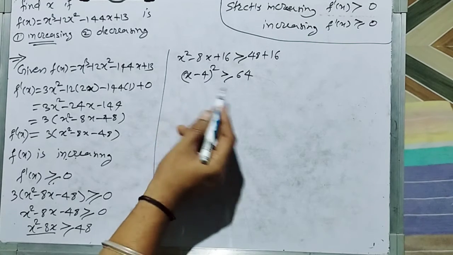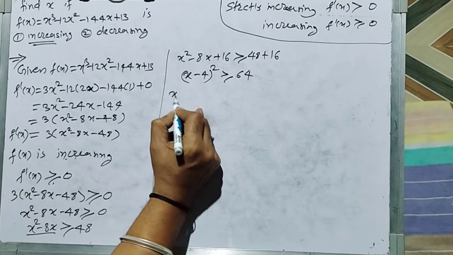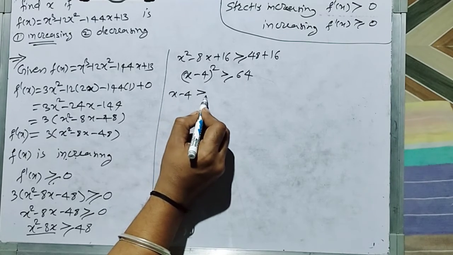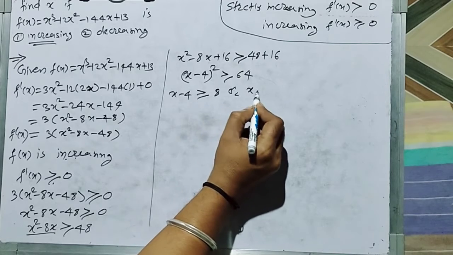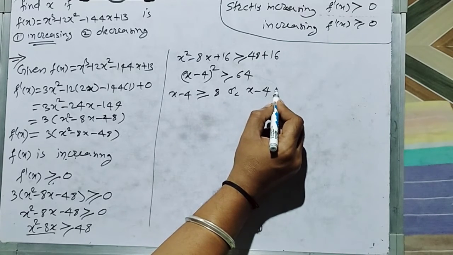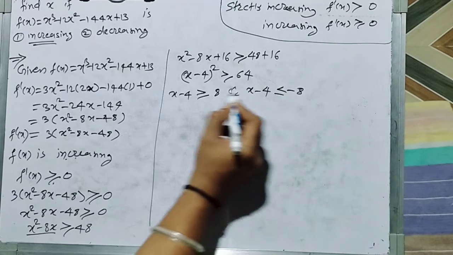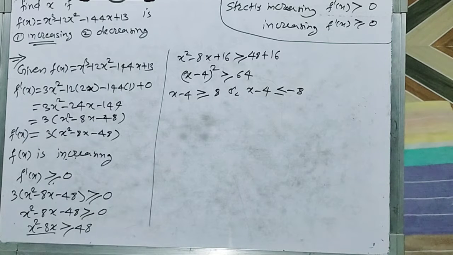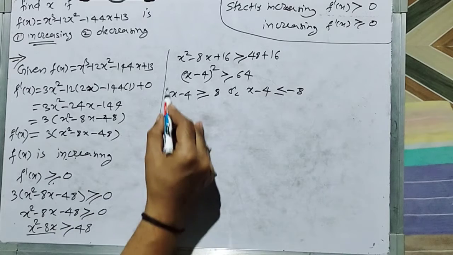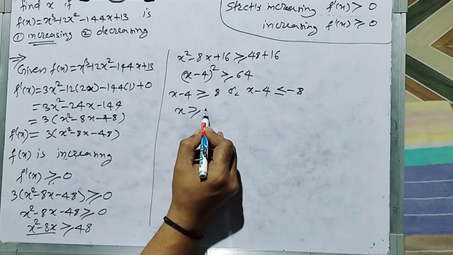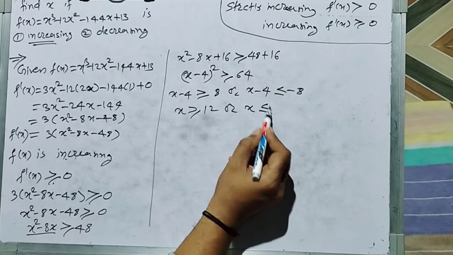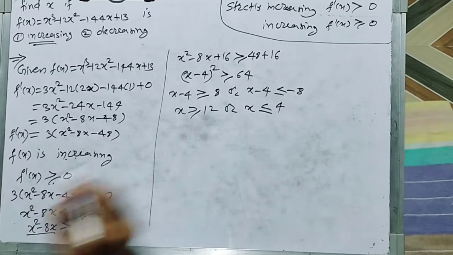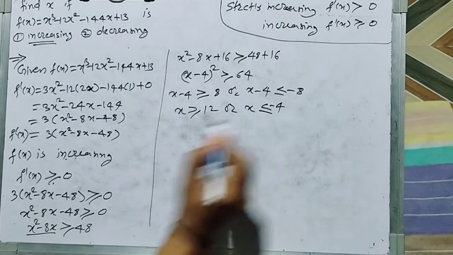So taking square root, it means x minus of 4 is greater than or equals to 8, or x minus of 4 is less than or equals to minus of 8. It means here x is greater than or equals to 12 or x is less than or equals to minus of 4.